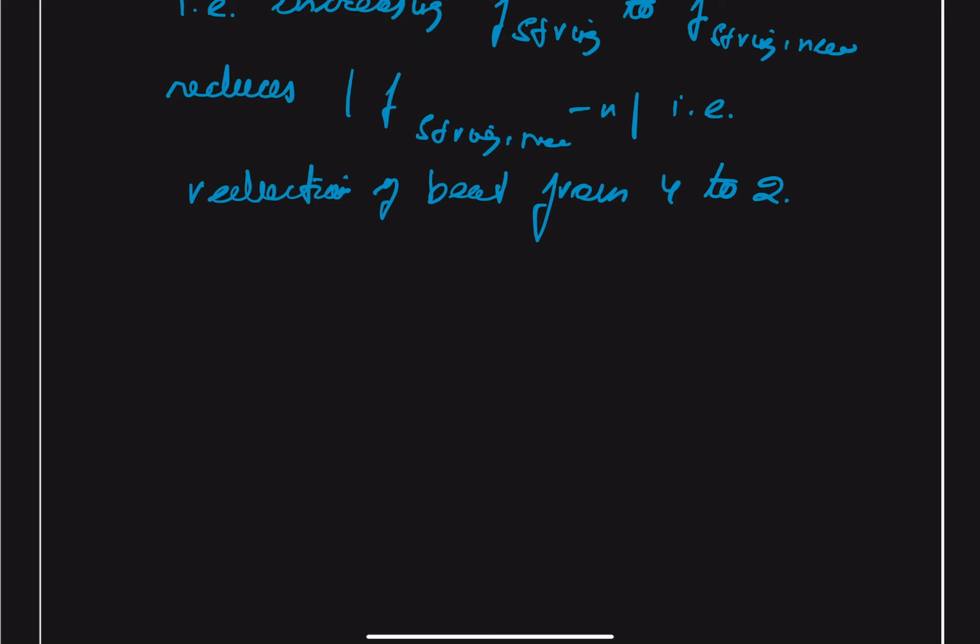And for the second value of n, which was our 336, in that case n is less than f string. The value of n is our 336, which is obviously less than 340.